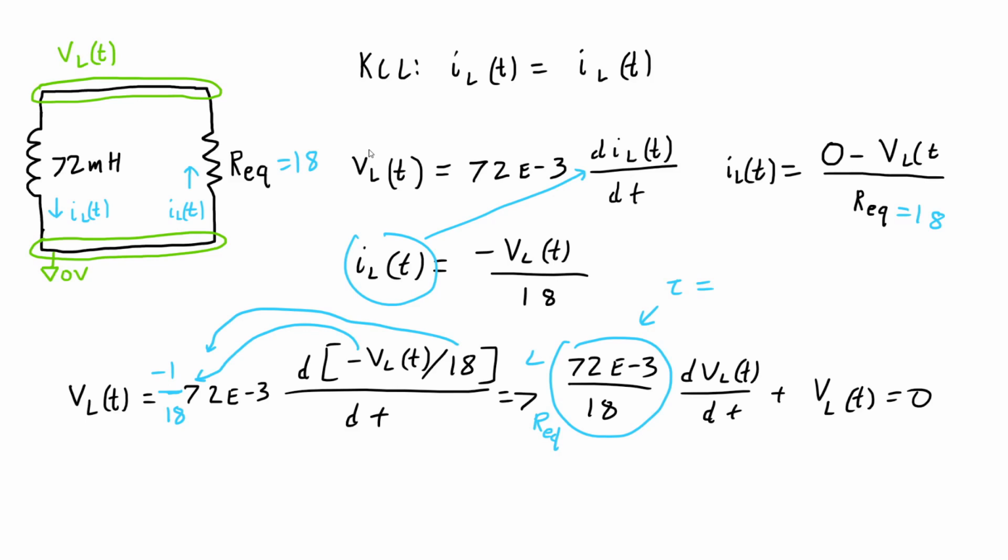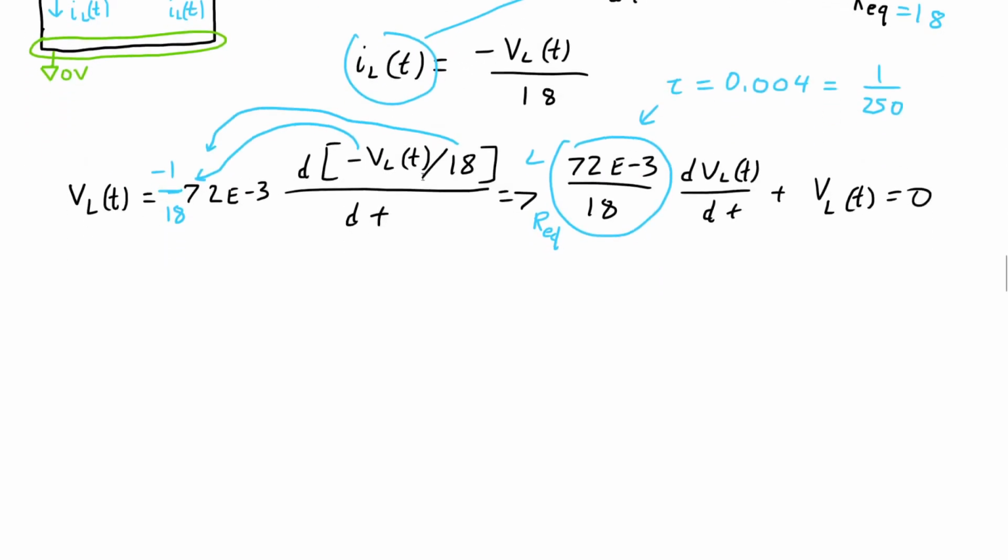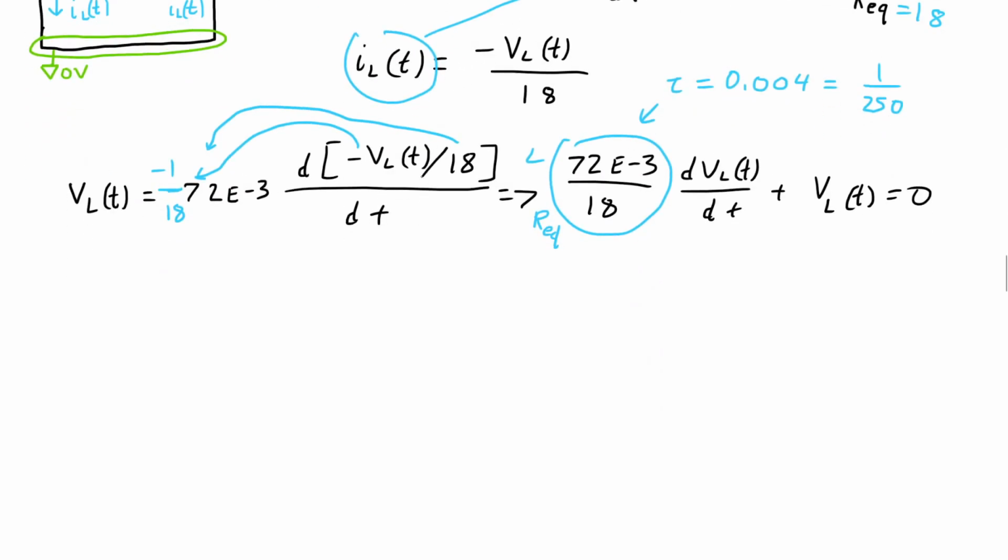72 divided by 18, I get 0.004, which is also 1 over 250. So I'm going to divide the entire expression by tau, which we just calculated as 1 over 250. If you did it straight up, it would just be 250 VL right here, and this would go to 1.